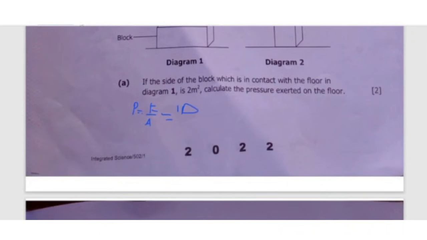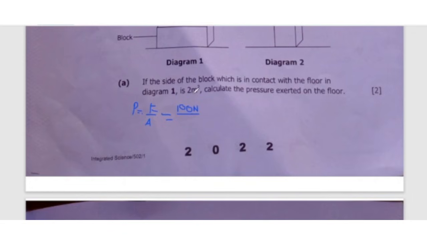I'll get better one day with this because it's giving me trouble. Okay, we are going to say force is equal to 100 newton over, what is the unit area?